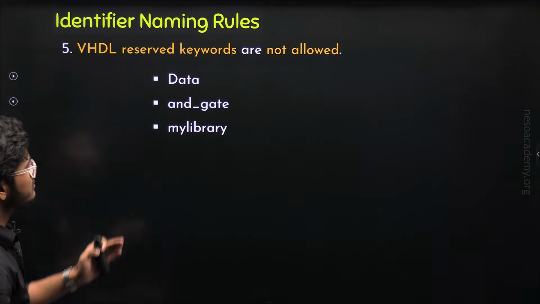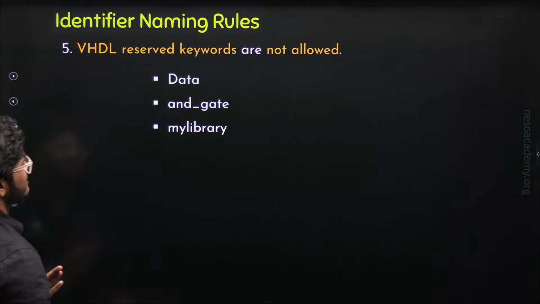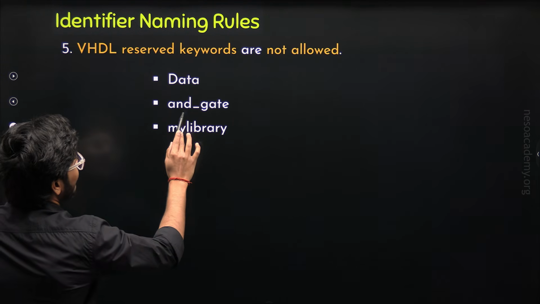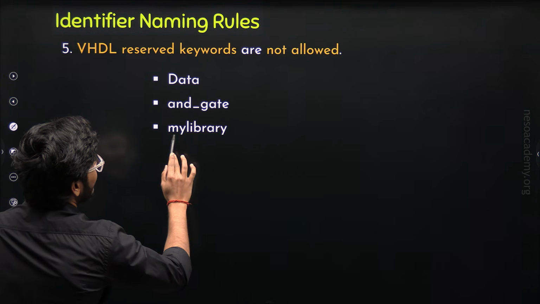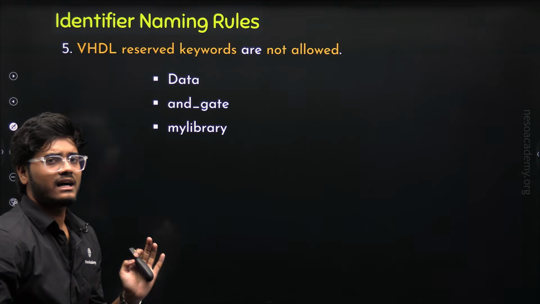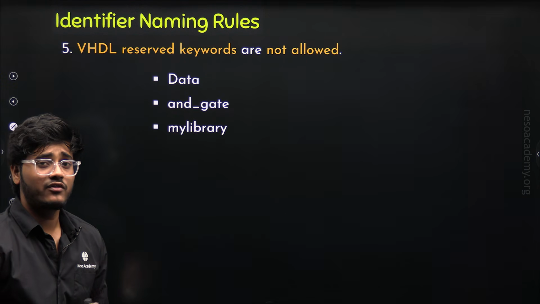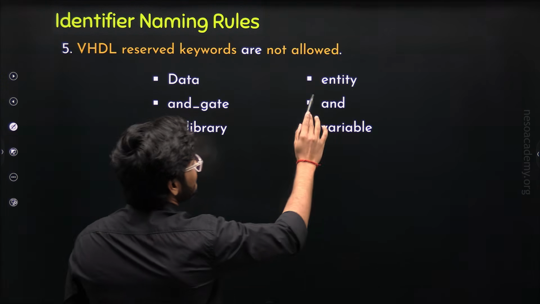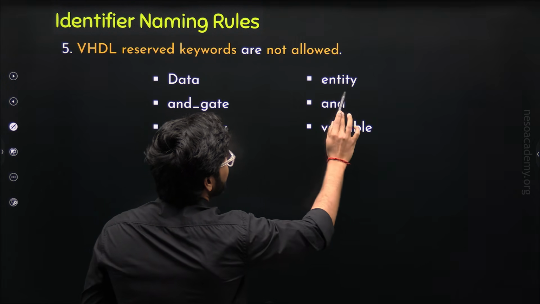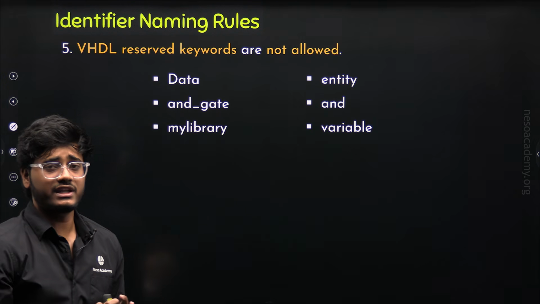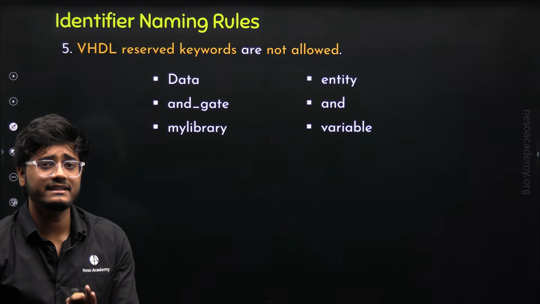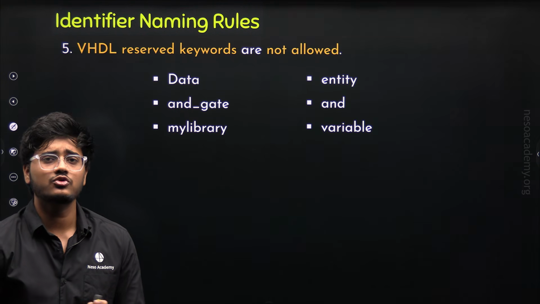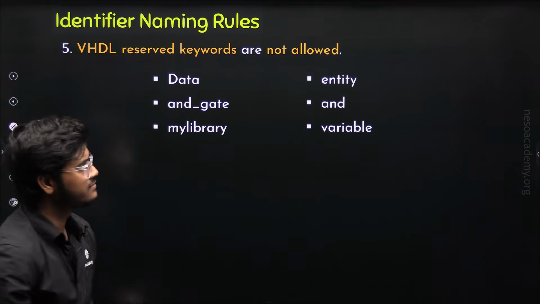So, we can use these names such as data, and underscore gate, my library as our identifier name. But we cannot use reserved keywords such as entity. Now, entity is a VHDL reserved keyword which is used for entity declaration, means to start an entity.